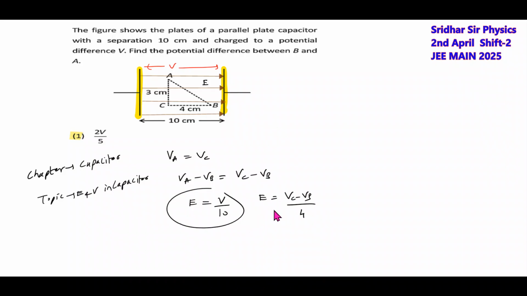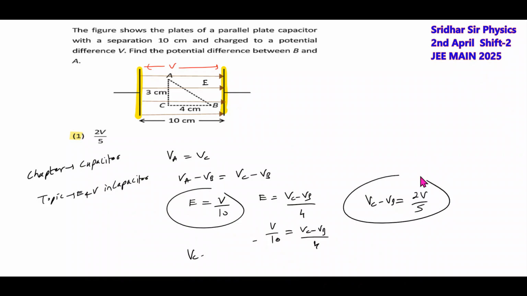It is asking about VCB. V by 10 equals VC minus VB by 4, so VC minus VB should be equal to 2V by 5.